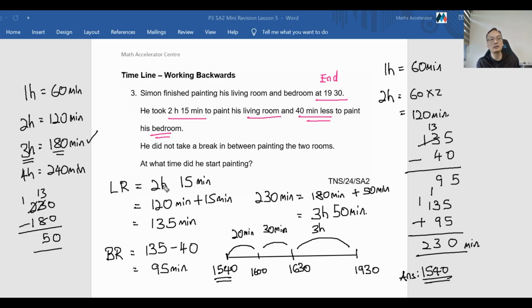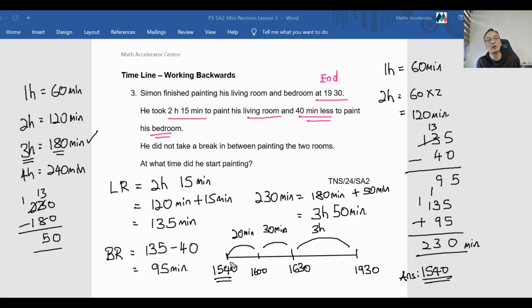Then we calculated the time he took to complete the bedroom. So 135 minus 40, we arrive at 95 minutes. Then we combined these two together, and we got 230 minutes. From here, we convert back into hours and minutes. So it gets us 3 hours and 50 minutes.